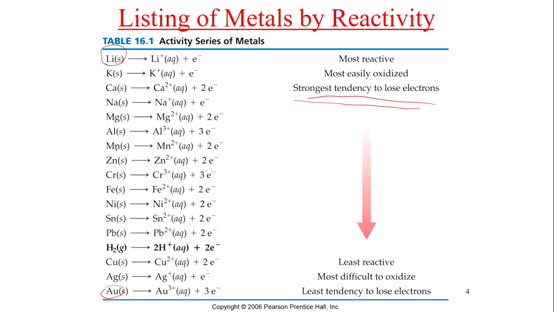Zinc is here and Fe is here. As you remember in our class, for the single displacement reaction, I said we do have this reaction because zinc has higher activity than Fe, and we can have this reaction.